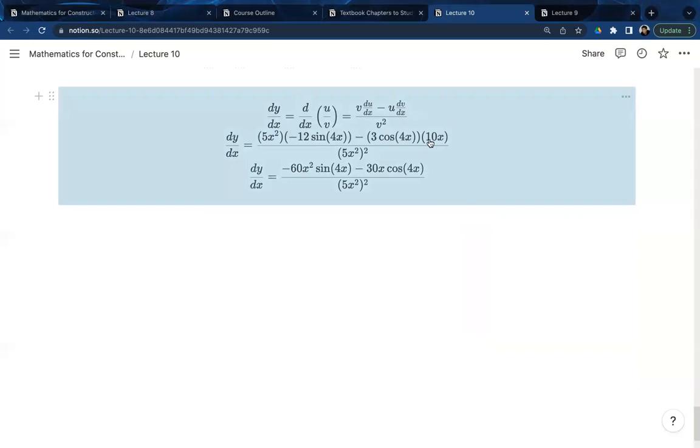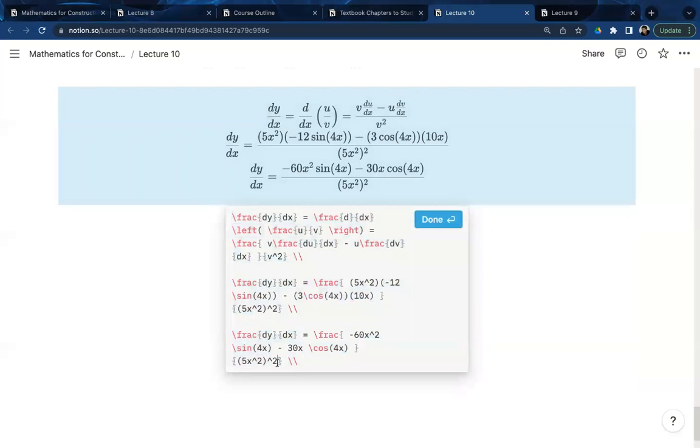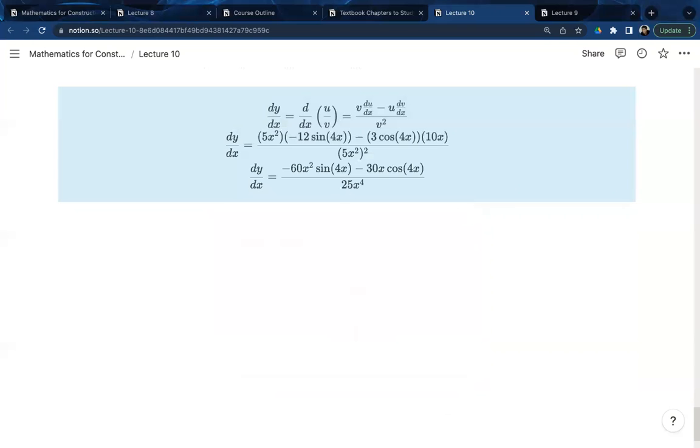Right, minus 10, 3 is a 30x cosine 4x. On the bottom here, 5 5s are 25. And x squared squared is x to the power 4.